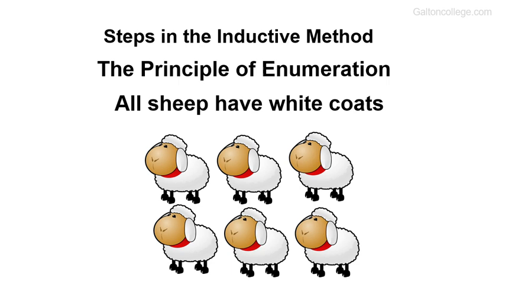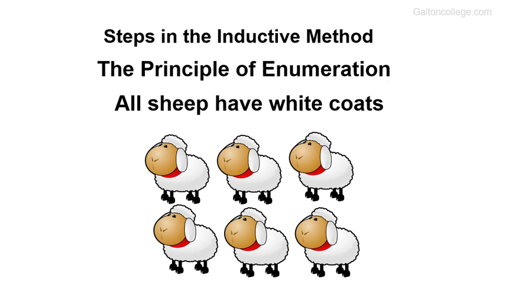Look at them. They've all got white coats. So if we only see the 6 sheep, we'll think all sheep have white coats. We've generalized. We saw 1 sheep with a white coat, 2 sheep, 6 sheep with a white coat. Therefore we say, look, all sheep have white coats.